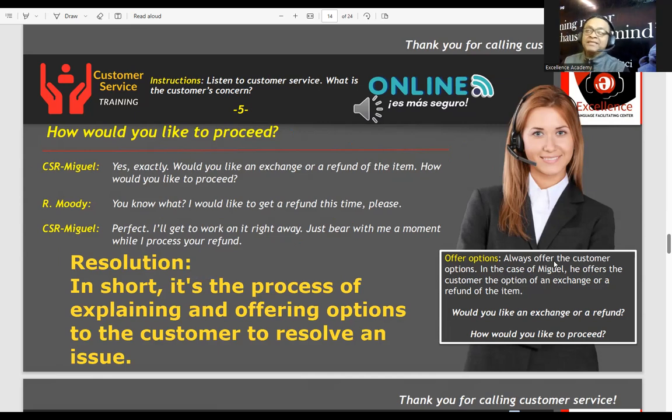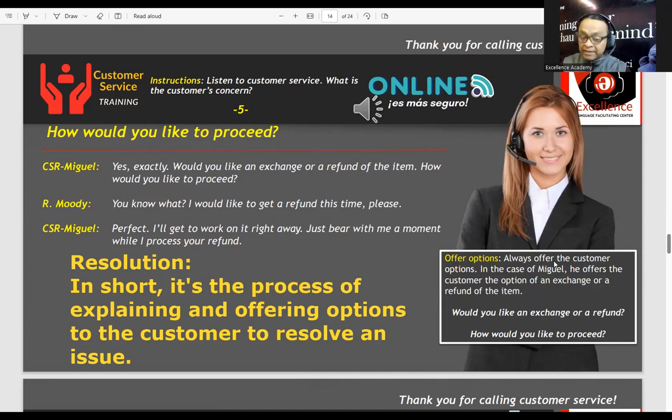In this particular case, we're talking about retail logistics, right? This is not telecommunications, T-Mobile, or financial. Very basic. So resolution for this type of account, in short, is the process of explaining, because the customer required an explanation of what happened.